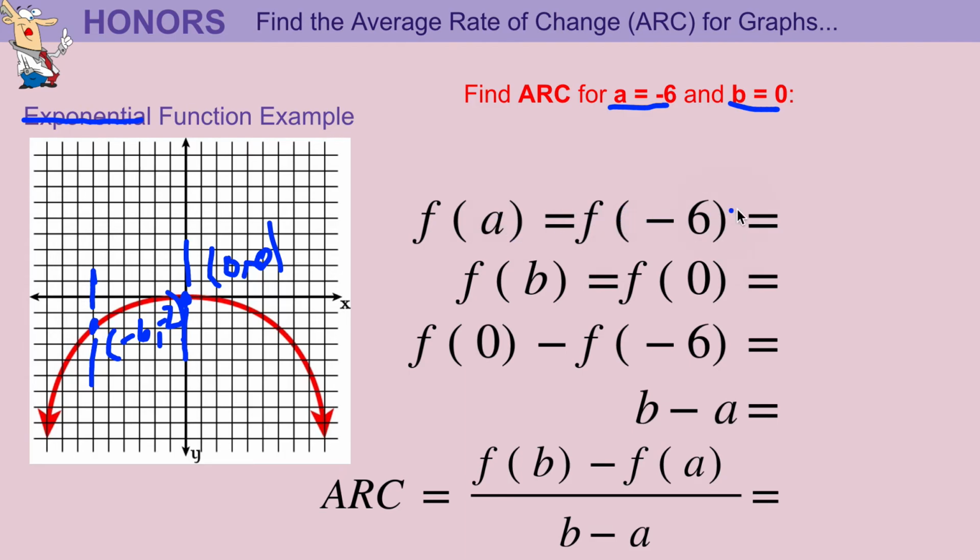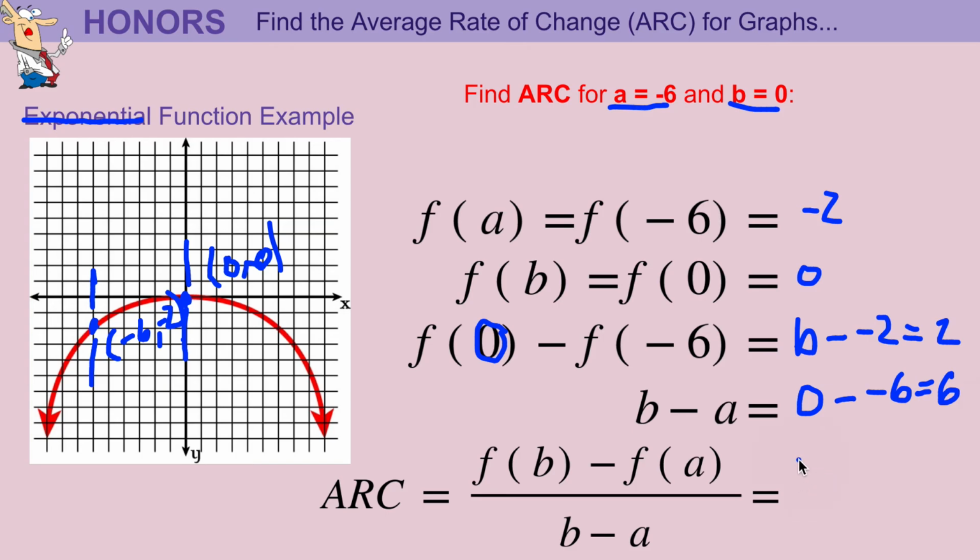So at f of -6, we of course get the output of -2. And at f of 0, we get the output of 0. Now we're going to take the b value, which happens to be 0. So we take b and we subtract a -2, which makes this a +2. Now we do something similar with the denominator, or the change in x in this case. And so we'll take b, which is 0, and we subtract a -6, which gives us a +6.